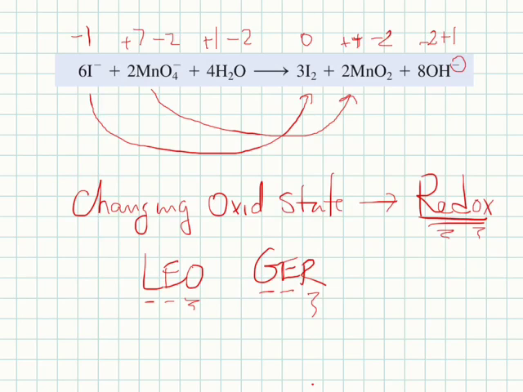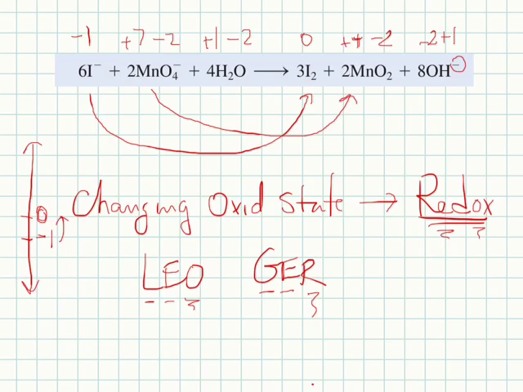I minus began at -1 and finished at 0. The iodides on the right have an oxidation state of 0. To go from -1 to 0, if you think of a number line, you went up in oxidation state. So why would you go up in oxidation state?